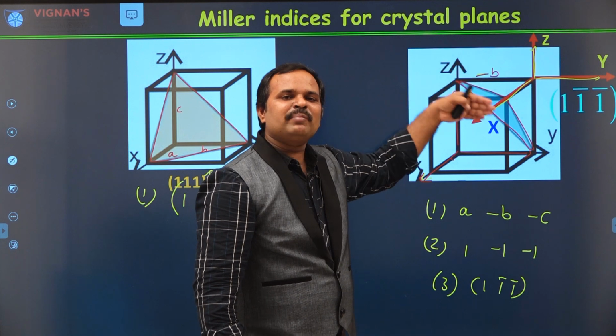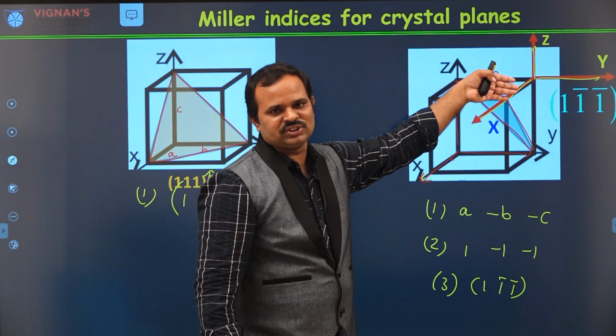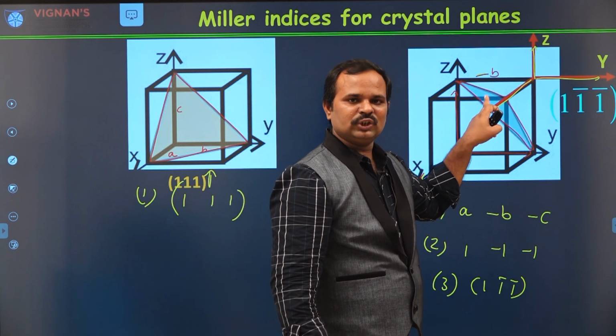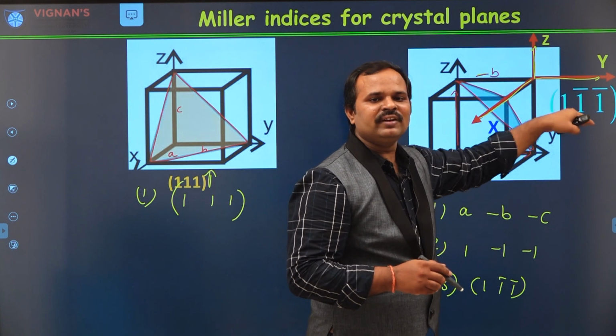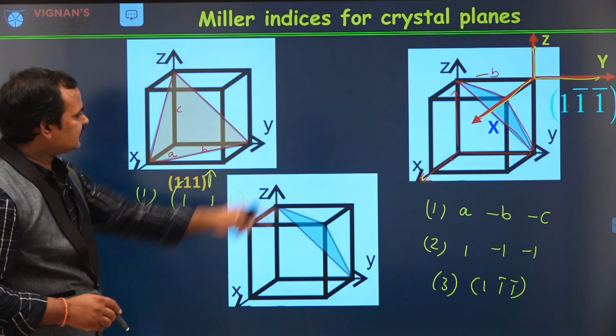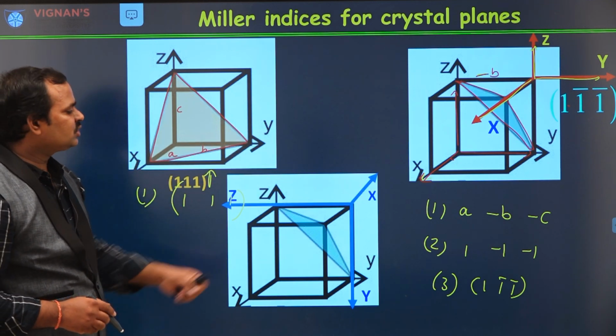But what happens if I shift this x, y, z and rotate the axes to a different position? Yes, you can take it, and the corresponding Miller indices will have bars over them. So this is the same figure, but now I am changing the coordinate axis to some other point.